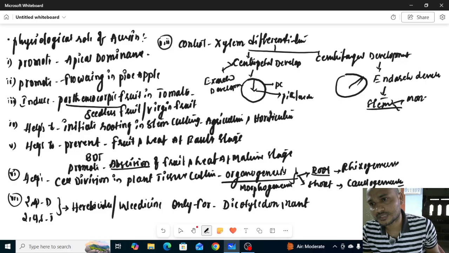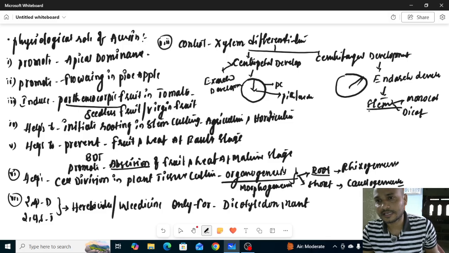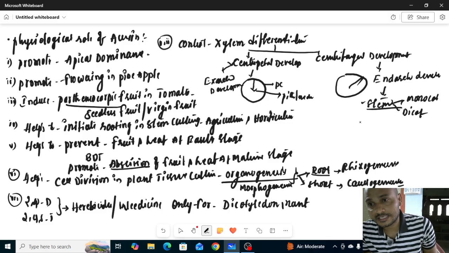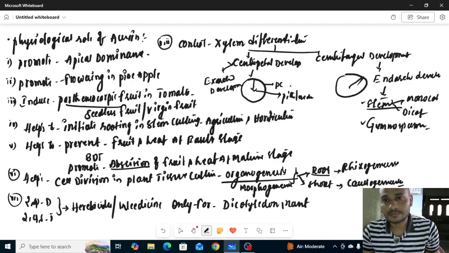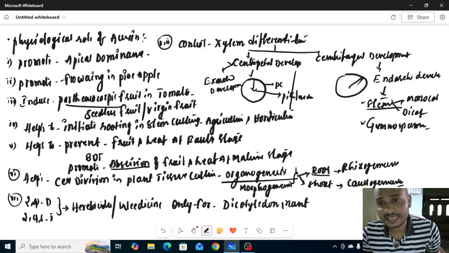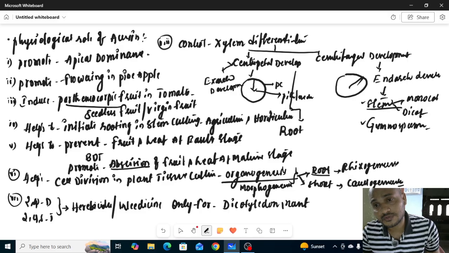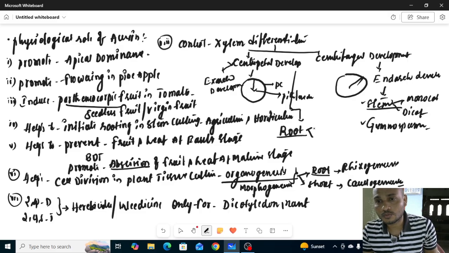So in stem, the endarch type of development is a characteristic feature, in both monocot stem and dicot stem, and not only stem, it is also a characteristic feature of gymnosperm plants. And coming to centripetal development, it is a characteristic feature of root, in both monocot root and dicot root.